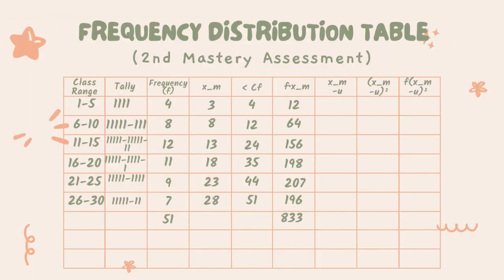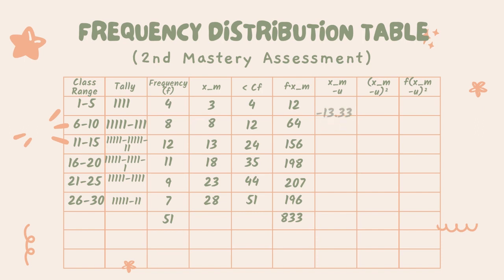Now for the x sub m minus the mean, we will take the mean, which is 16.33 in this table, and subtract it from the corresponding x sub m. Starting from 3 minus 16.33, we will get negative 13.33.